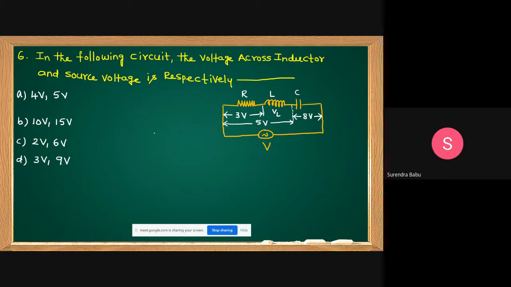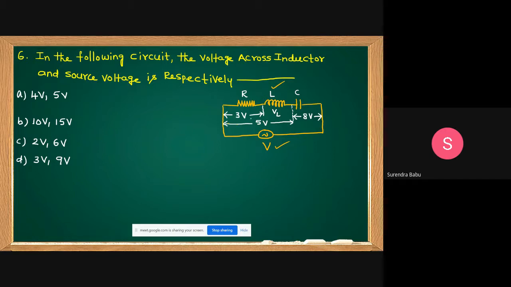In the following circuit, the voltage across the inductor and source voltage are respectively? You want to find VL and V. How to find, students? To find VL, the voltage between R and L is given as 5 volts.